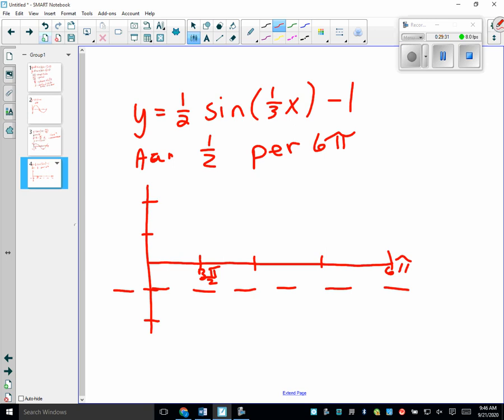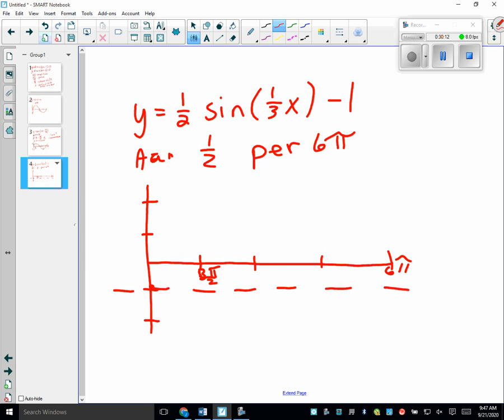It should be, because we just shifted down, didn't we? So my first point is right here. Now, at x equal to 3 pi over 2, what is y? Here? Does that make sense, since my amplitude's a half, that it just went up a half?